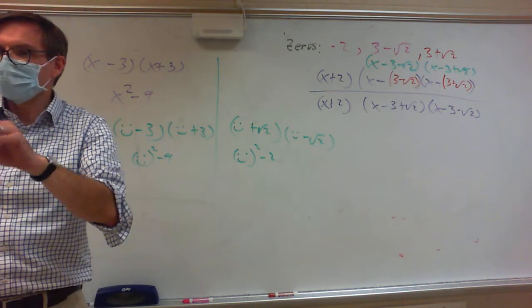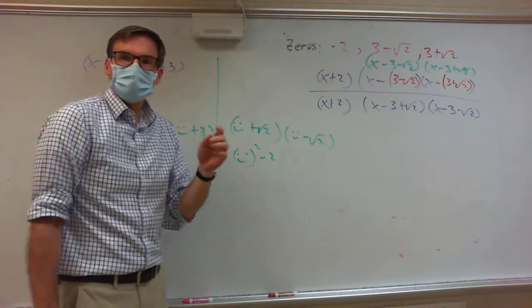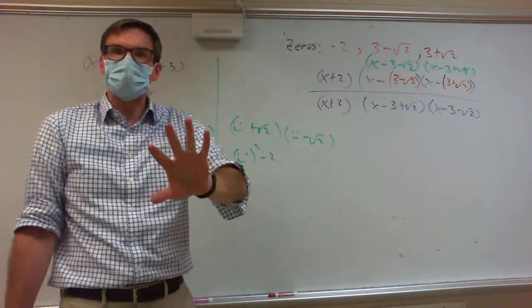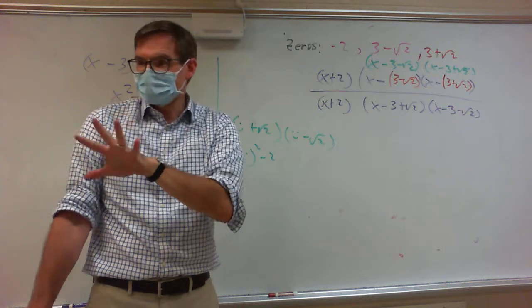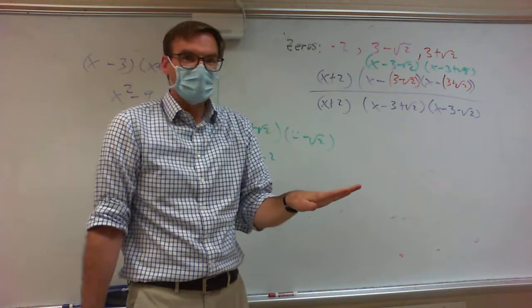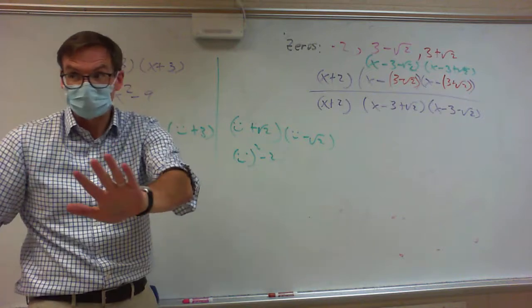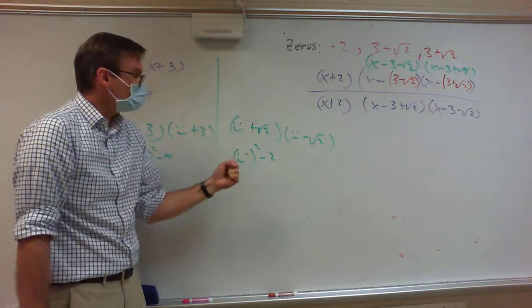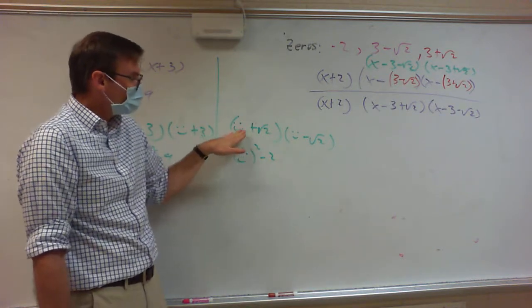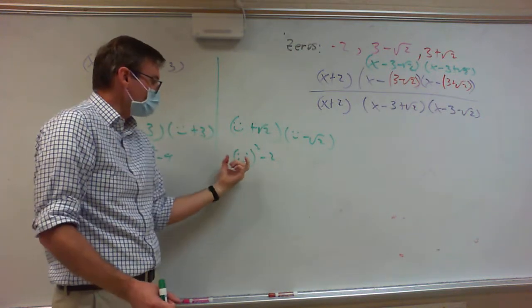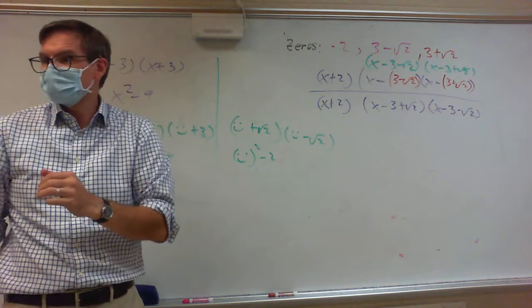Is everybody okay with that? That's one of the skills I need to make sure you have. Does that seem pretty easy? Are we okay dealing with happy face? It's crucial to this. You have to be able to look and say happy face plus square root of 2 and happy face minus square root of 2. When I multiply those, that's a difference of squares. That's going to give me happy face squared minus 2. Is everybody okay with that part?